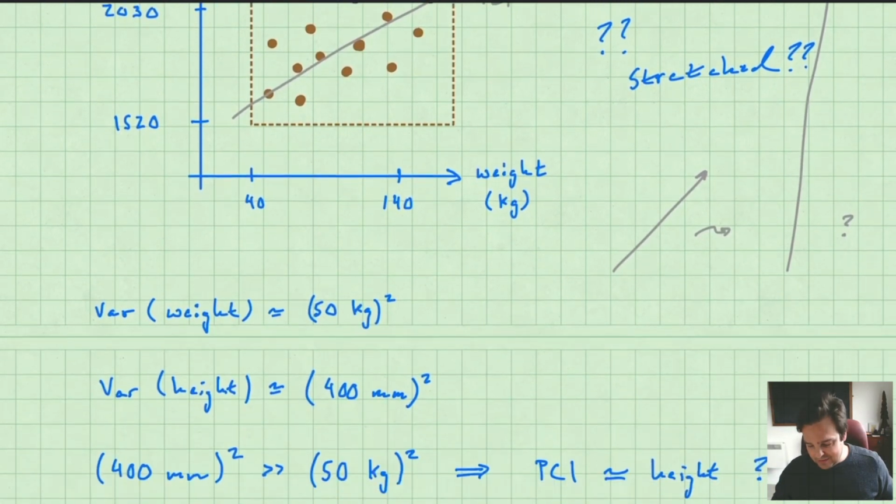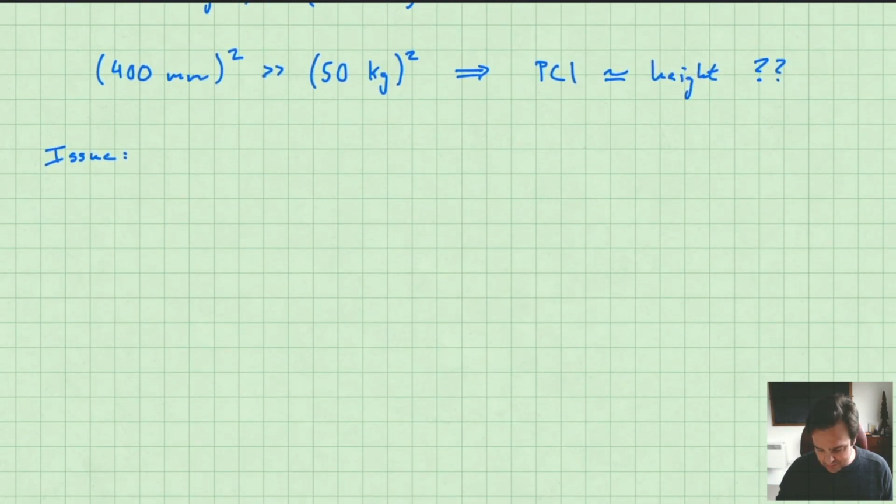So the idea of trying to make comparisons between these things is total nonsense. It doesn't make any sense to compare these variances because they have completely different units. It doesn't mean anything, right? So the fundamental issue here, the main problem, is that comparing objects with different units makes no sense.